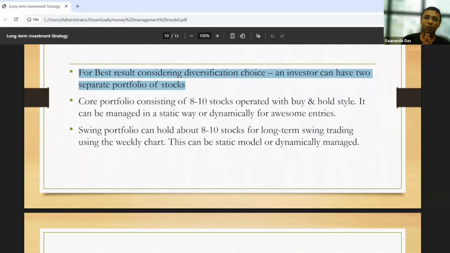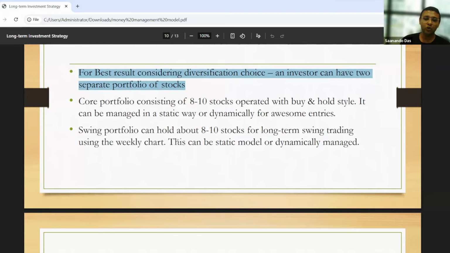But I'm pretty sure, same as Tata Steel, that these companies are going to remain for a very long time. So that will be a diversification of sectors. Try to choose 4 to 6 sectors, and within those 4 to 6 sectors, choose 8 to 10 stocks and keep them in a separate list, as these are my core portfolio stocks.